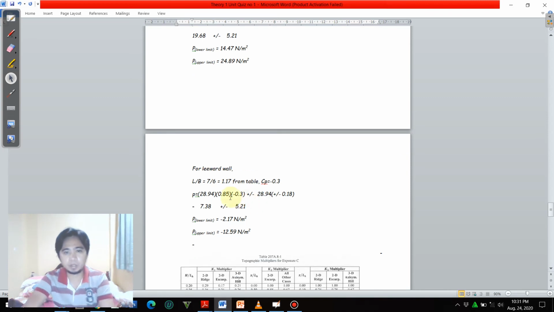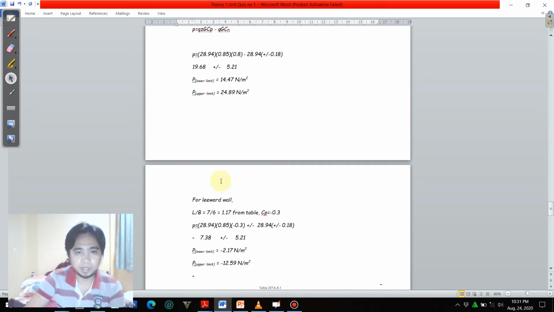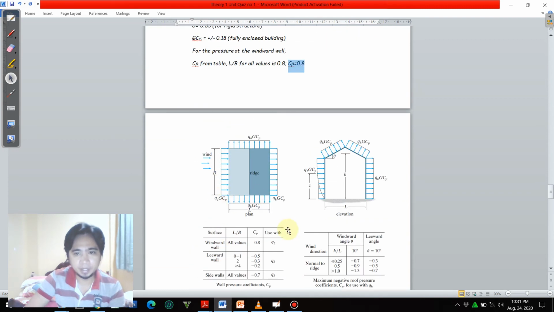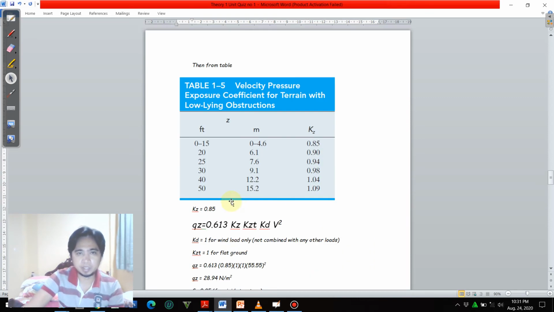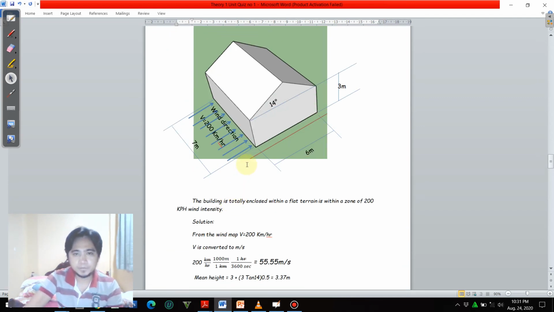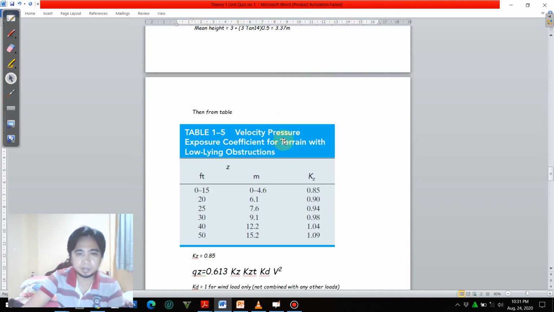Okay, for the leeward wall, this time we need to compute for L over B. So what is L? Again, L is the dimension that is parallel to the wind direction, and the perpendicular dimension is B. Going back to our figure, L here is 6 meters and B here is 7 meters.